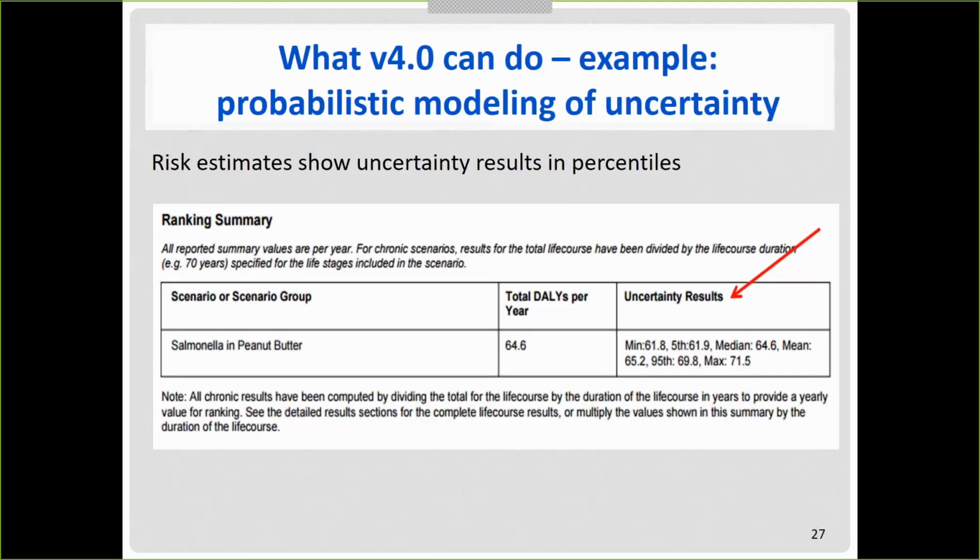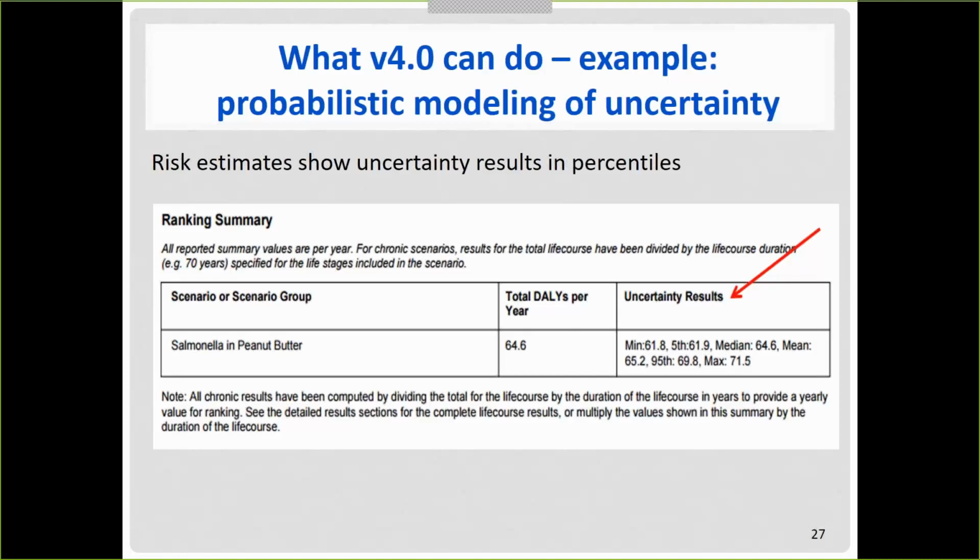What FDA-iRISK can do is report risk estimates with uncertainty results. For example, for the salmonella in peanut butter scenario, the summary results will show the total deaths per year in percentile.